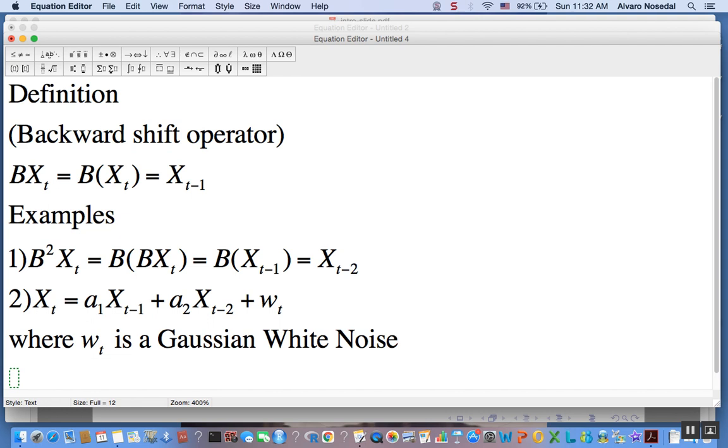What we know is that wt has a normal distribution with mean 0 and variance sigma squared, okay?